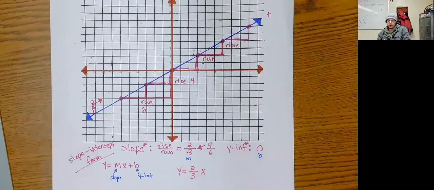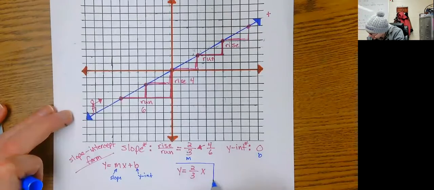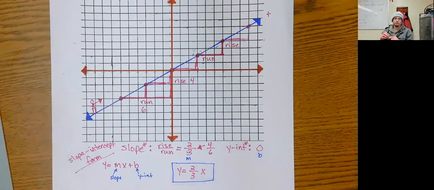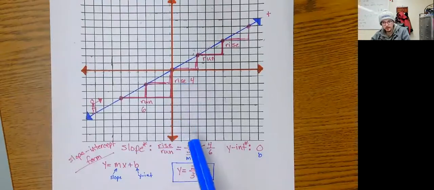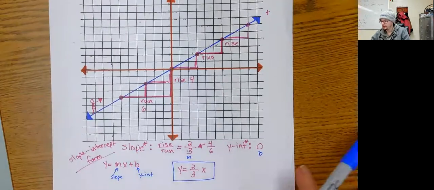So that is the equation in slope-intercept form. All right, so you can get slope, you can get the y-intercept, and then you can use both of those to get your equation.